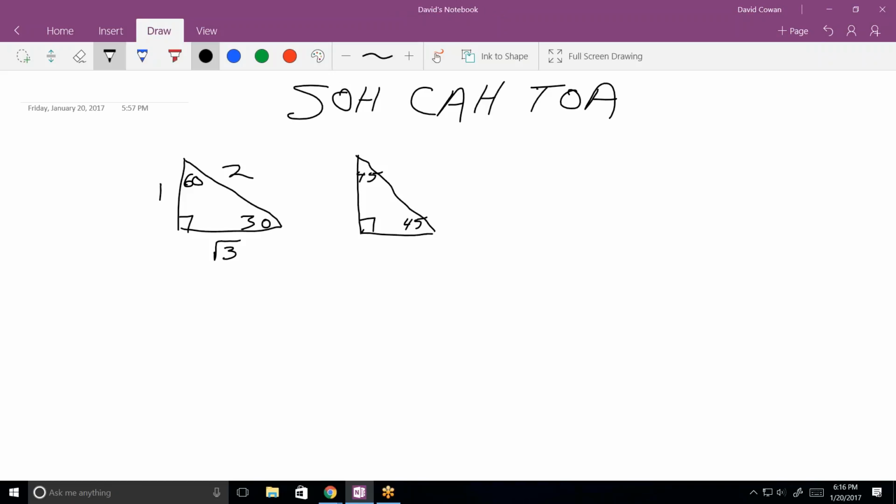On the 45-45, opposite the smallest angle is 1. I call these my 2 unit special triangles, because most of the time when you see this referenced in books, they'll add an x. So this side is 1x, √3x, 2x.